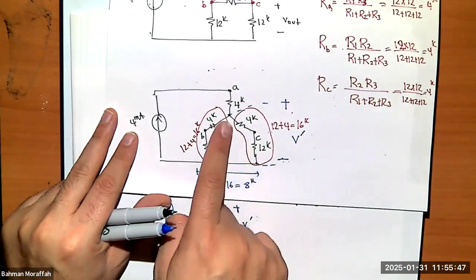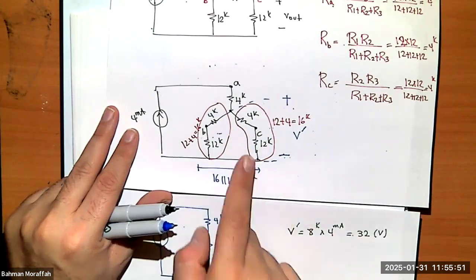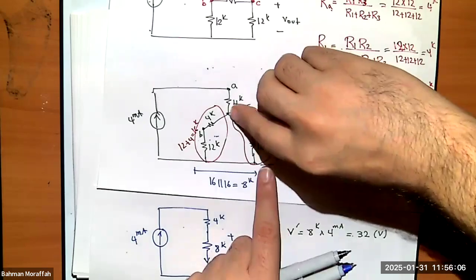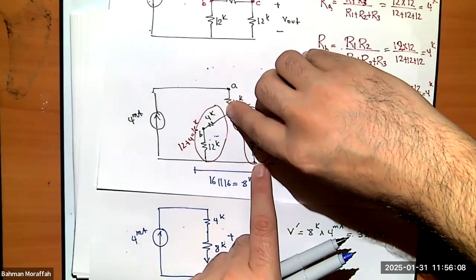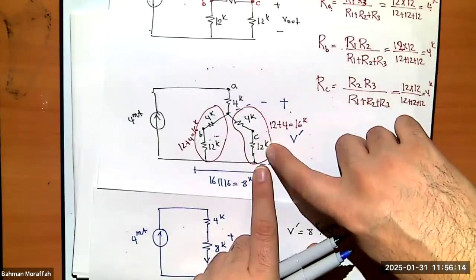If I have a voltage of 32 across these two, what is the voltage across this 12K? What kind of circuit do I have? Somebody said it. What is it? It's a voltage divider, right? I know the voltage across both of them is 32, so I know the voltage across this guy.